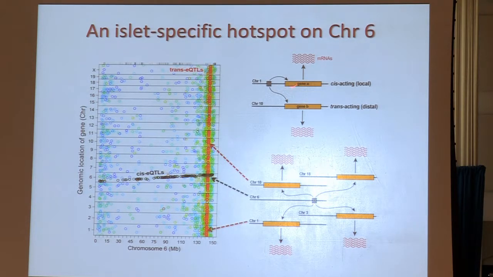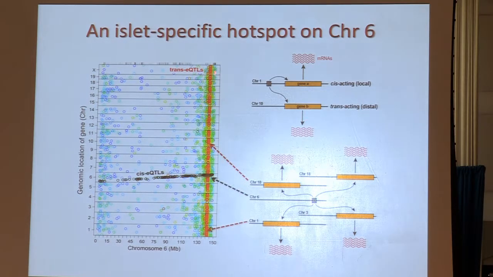So for example, a cis trait, as I indicated, is if the expression of gene A located on chromosome 1 maps to that locus on chromosome 1, we call that a cis trait. Whereas if there's a gene B located on chromosome 10, and these are the messenger RNA molecules that we measure with the array, if they map to chromosome 1, we call that a trans trait.